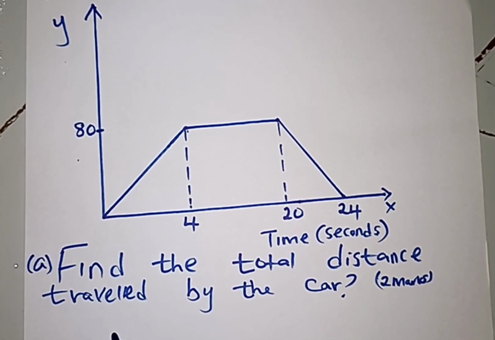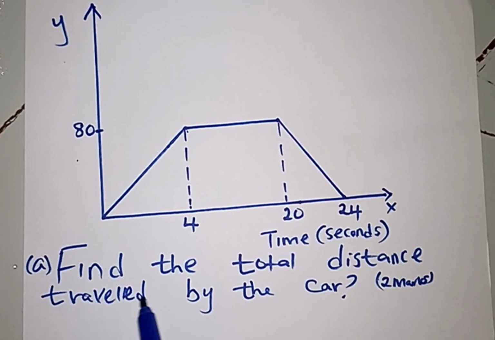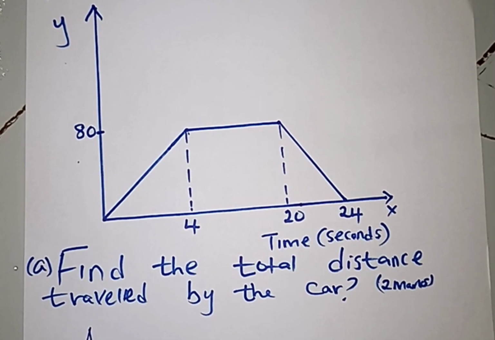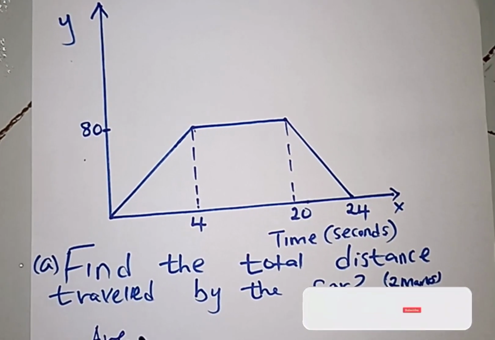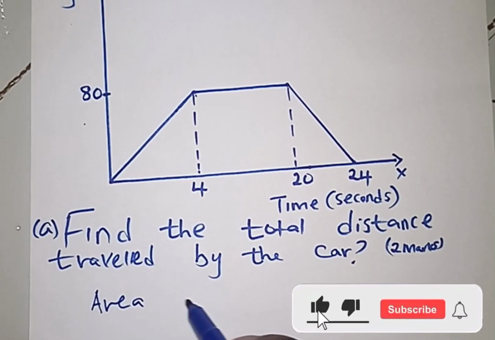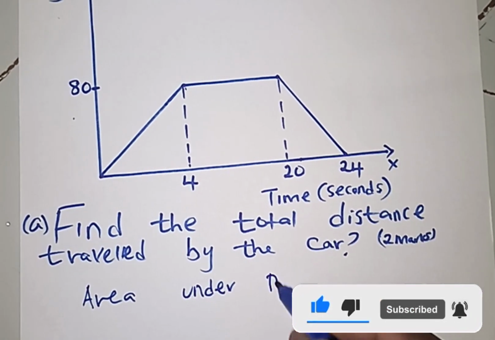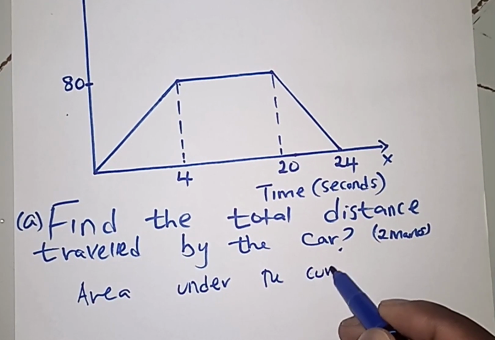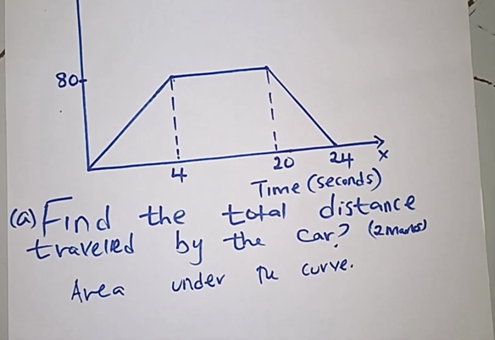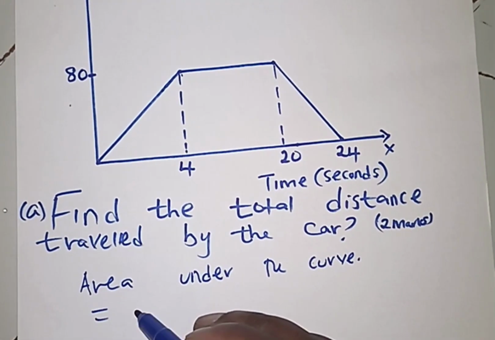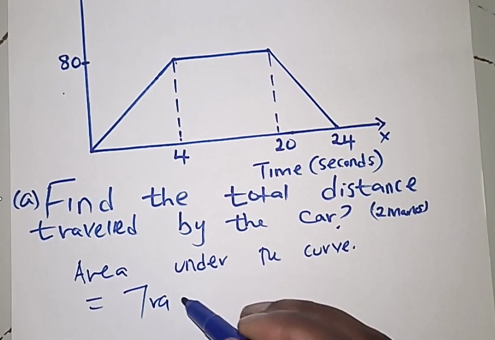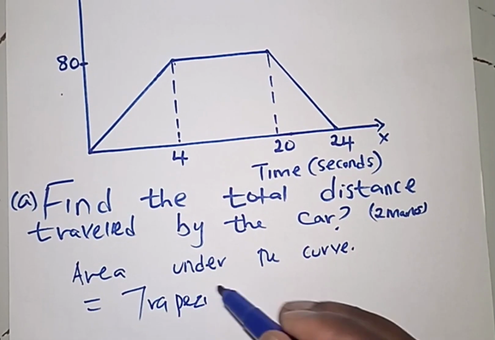When you talk about linear motion, you are talking about the area under the curve, or the distance traveled, sorry. So the area under the curve is actually equal to the distance traveled by the car. That is what we established in class, and therefore we got to know what this shape represents.